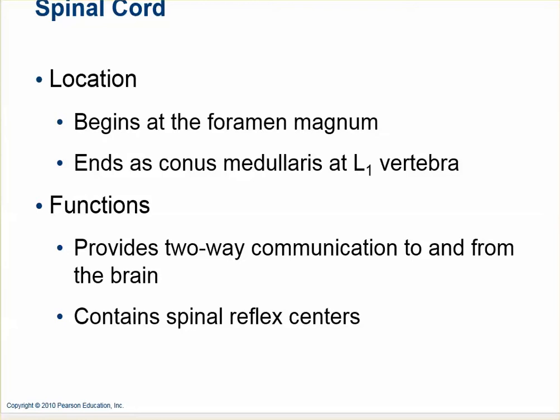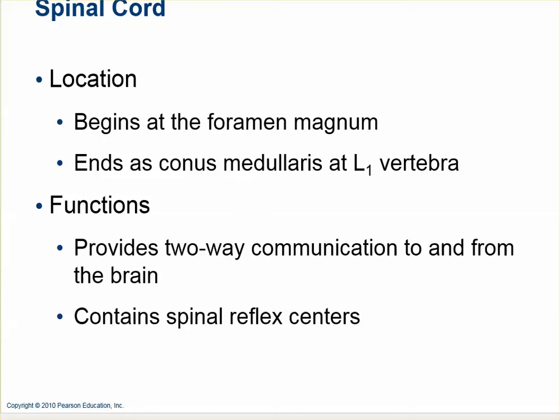So what the spinal cord is, is primarily a communication cable, a network of neural tracts that help the brain communicate with the periphery. So sensory neurons come in from the periphery to the spinal cord and then ascend up to the brain, where the brain processes things.